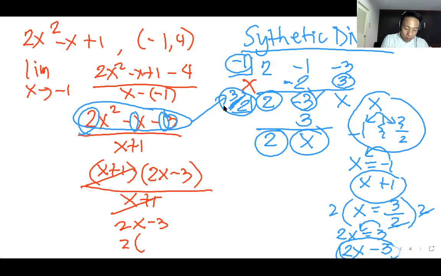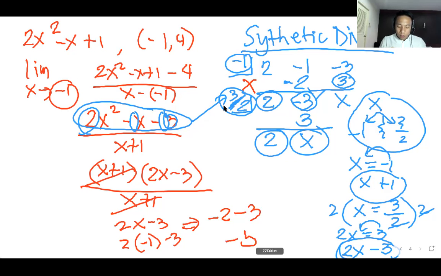So our x is negative 1. So I'll put this negative 1 minus 3 equals 2 times negative 1 is negative 2 minus 3 is negative 5. So this will be the answer for number 4.